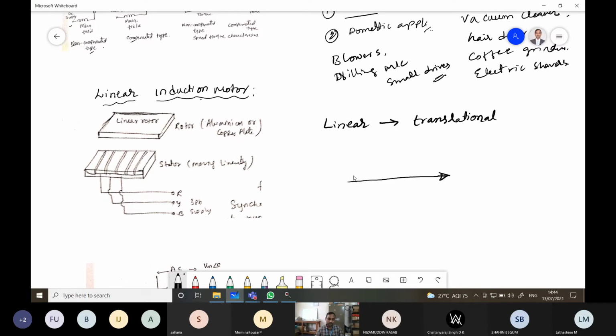And also the stator and rotor of the induction motor are made as a flat surface. This is the rotor part, and this is the stator part. In the stator part, a three-phase supply is given here, R Y B. And the rotor is made up of aluminum or copper plate.